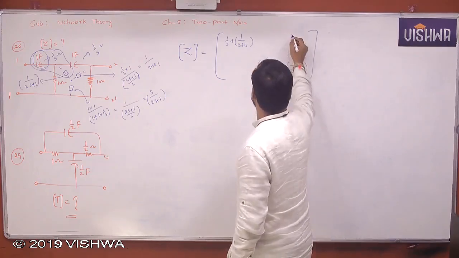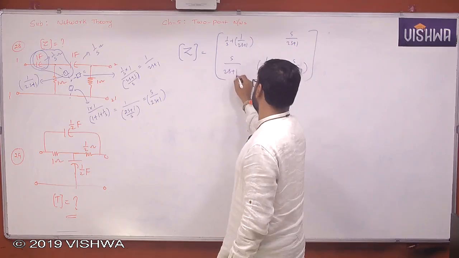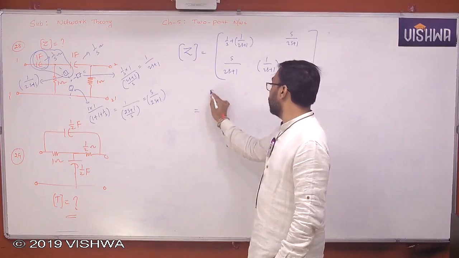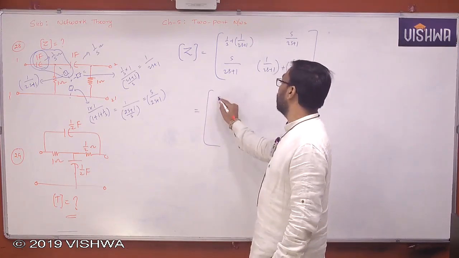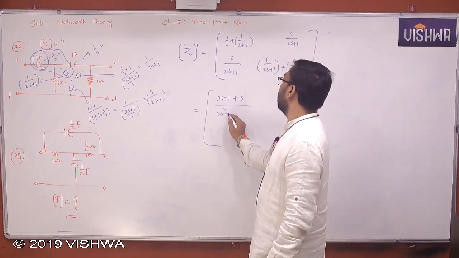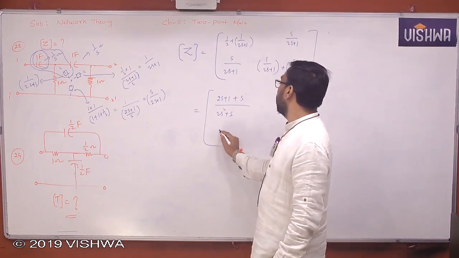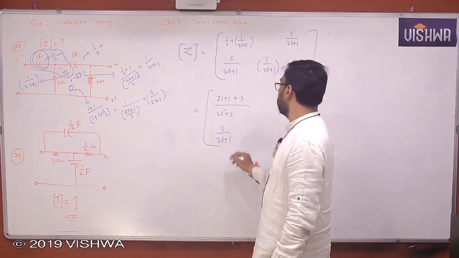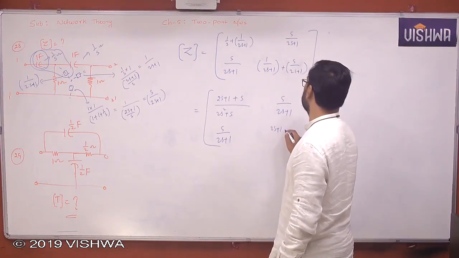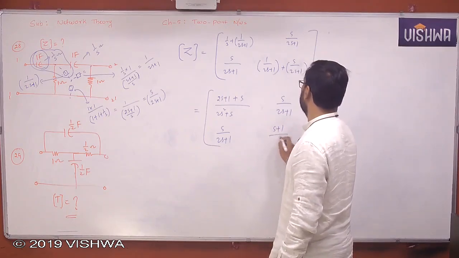Now this will become S by 2S plus 1 and S by 2S plus 1. Right? Okay. So this will be 2S plus 1 plus S by 2S square plus S, S by 2S plus 1. So this is 2S plus 1, that is S plus 1 already. So S plus 1 by 2S plus 1.